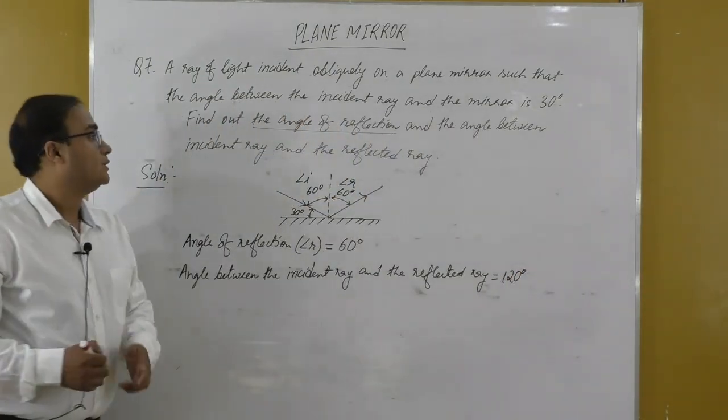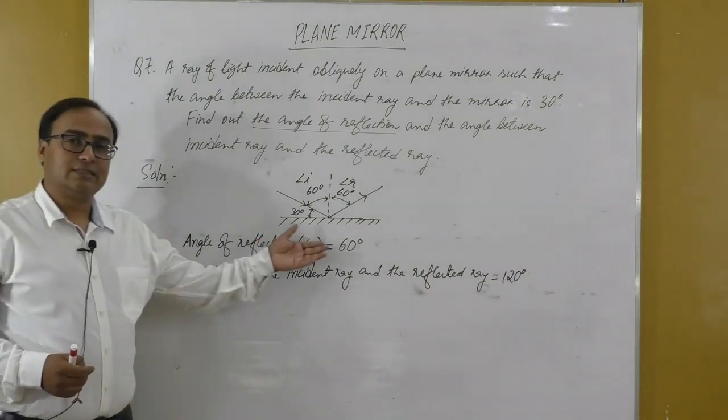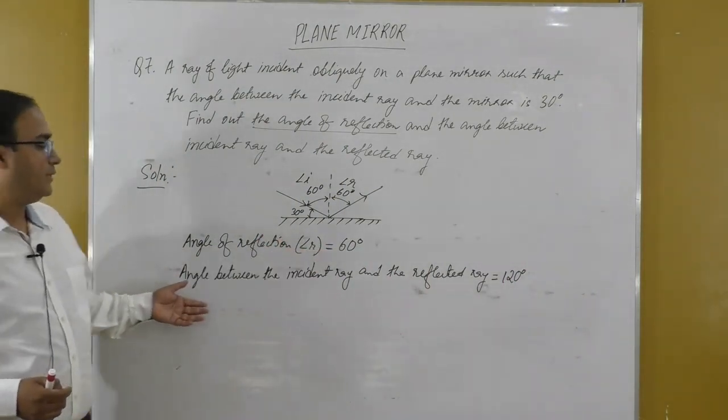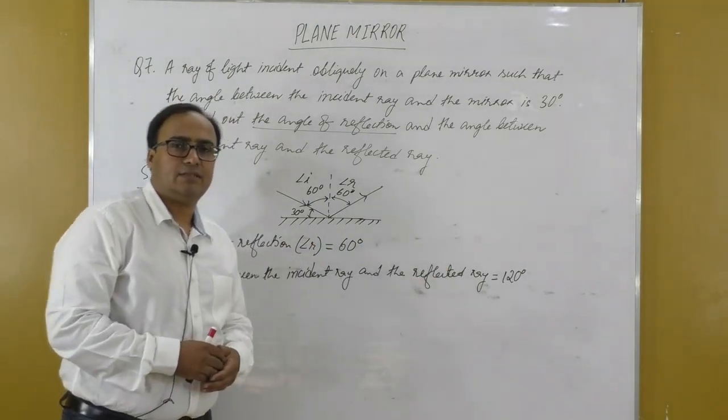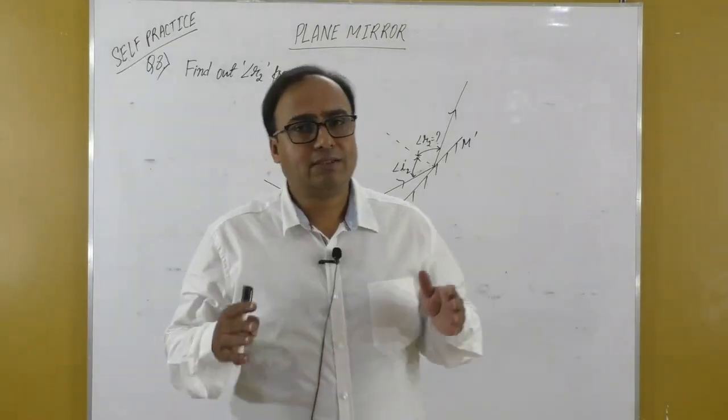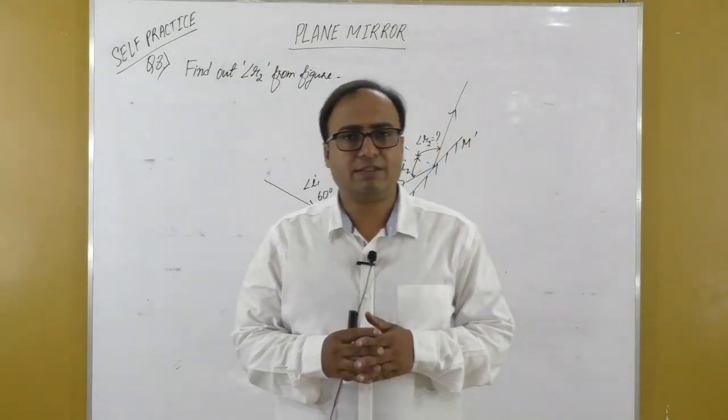Okay, so angle of reflection is 60 degree, the angle between the incident ray and the reflected ray is 120 degree. Now the question number 8, and it is a diagram based question.